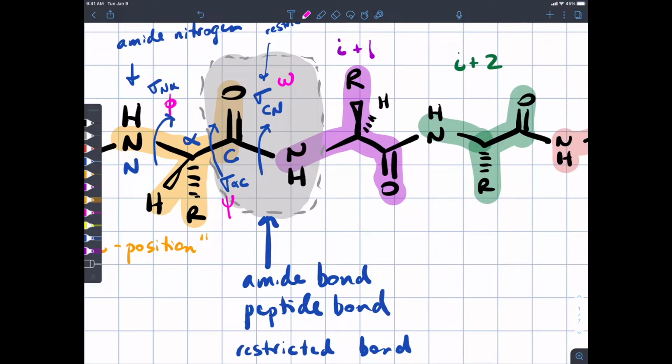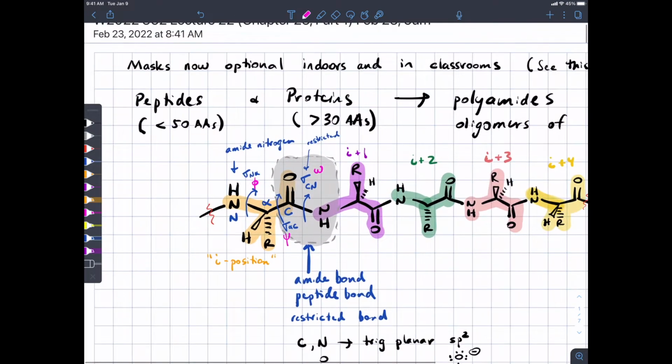So if you've ever been told in a class, yeah, we don't really understand protein folding, we really don't understand how sequence leads to folding, tell that to Google's artificial intelligence AlphaFold, which can predict protein structure based on sequence, but also tell that to all the peptide and protein chemists who know some of the rules for protein folding, and it has to do with these phi and psi angles. So this is going to allow us to open the curtain and peer behind the sort of secret box of protein folding to see what's going on.